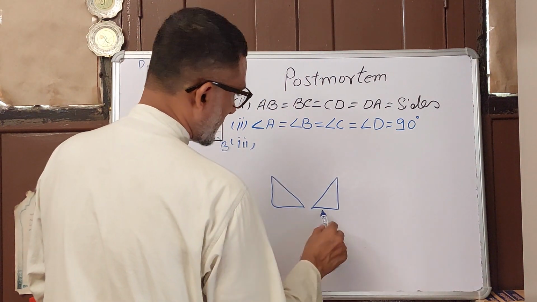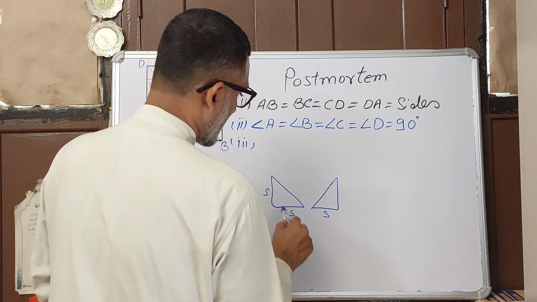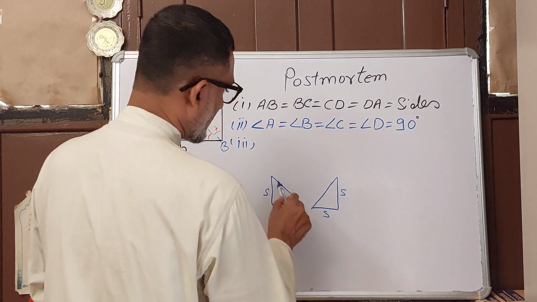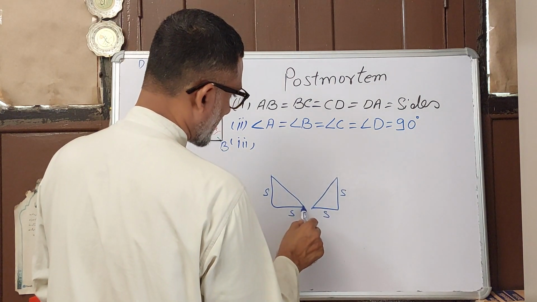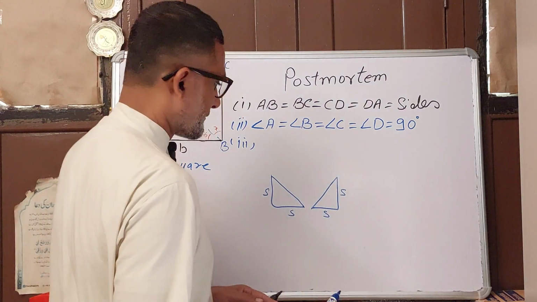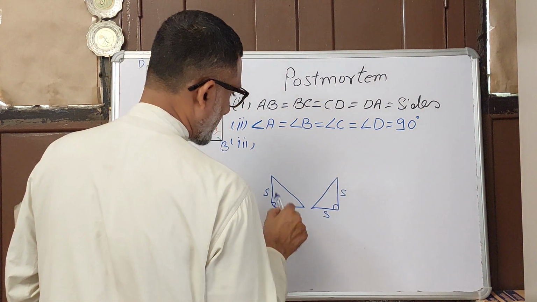This side is whatever length, all are the same. Then this length and this length are the same. Then we draw from this to this, and the line will always be the same, and it is a right angle triangle.